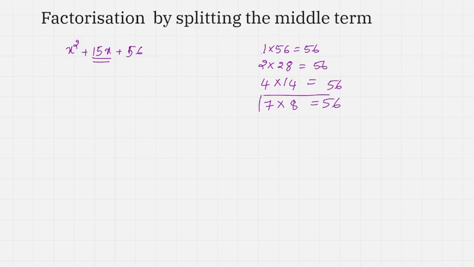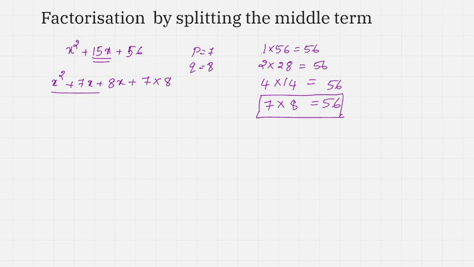So this is the only possibility. When we are adding this, we will get 15. So our numbers, we are taking p is equal to 7 and q will be 8. So I am going to split according to that. So x square plus 7x plus 8x plus 7 into 8. 56 I am going to write as 7 into 8.